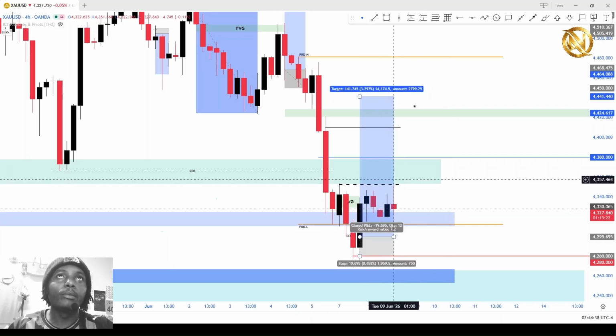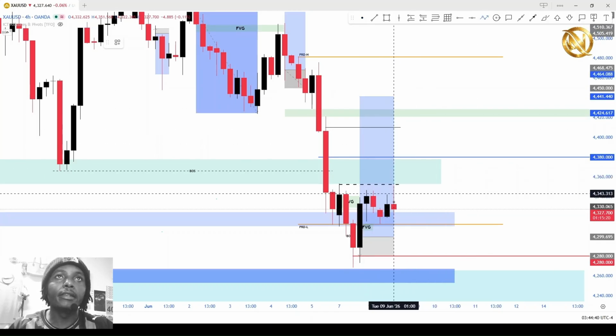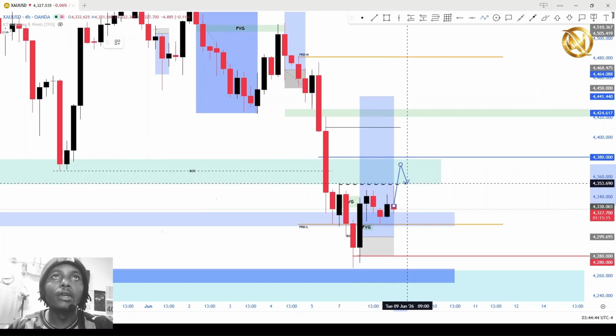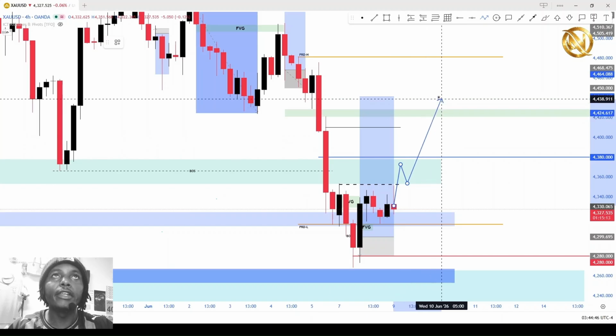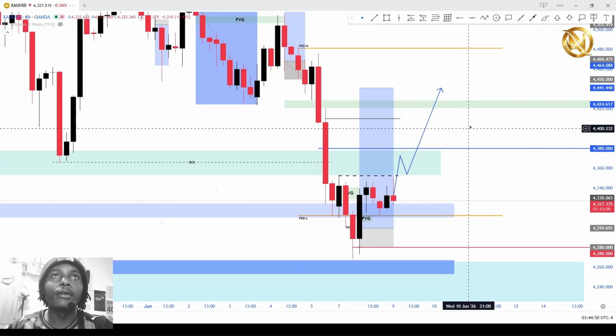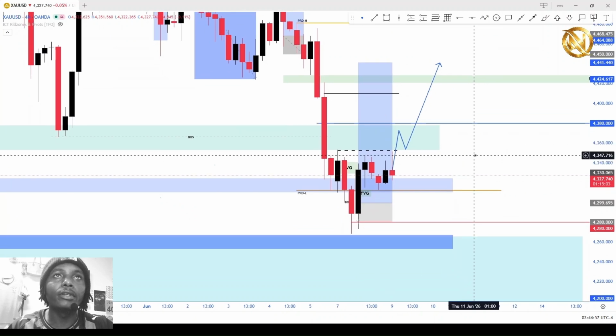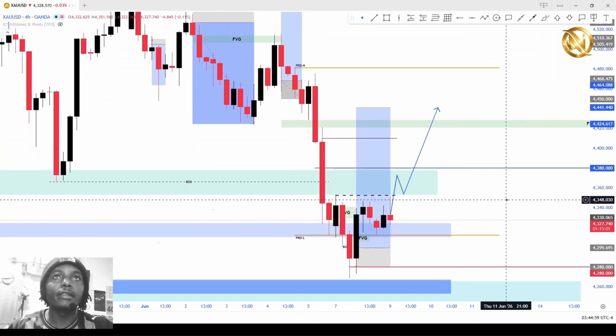So if price crosses above, I'm going to look for more opportunities to drive price to the upside. But if we have a break of this low, I'm going to look for short setups, and it will probably be in the next video.